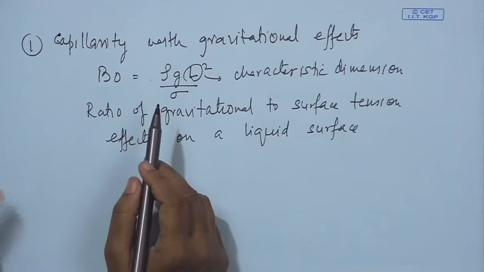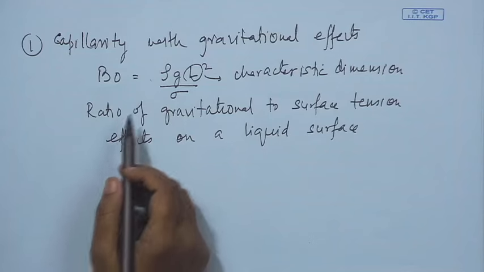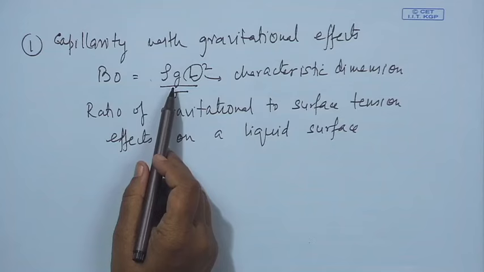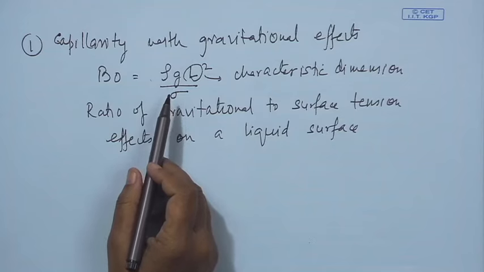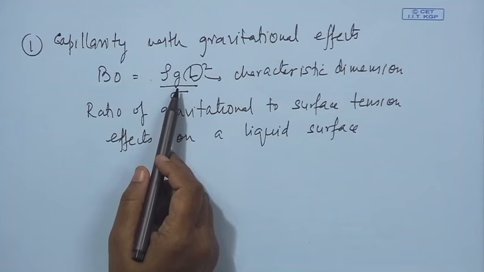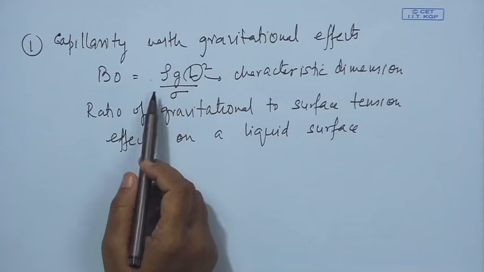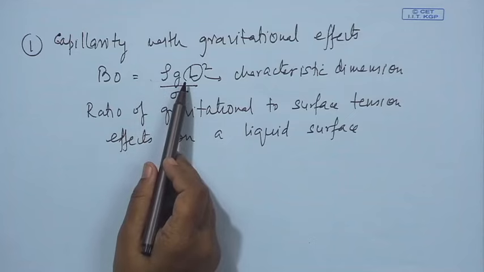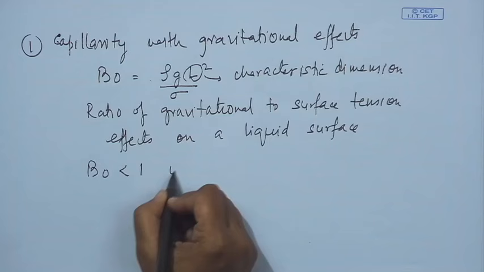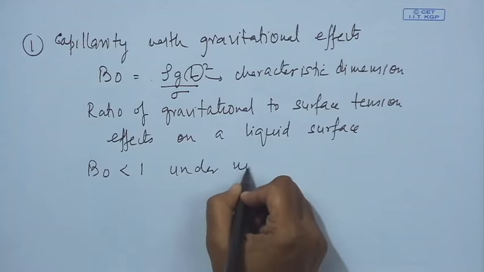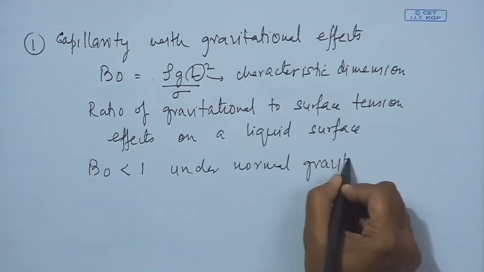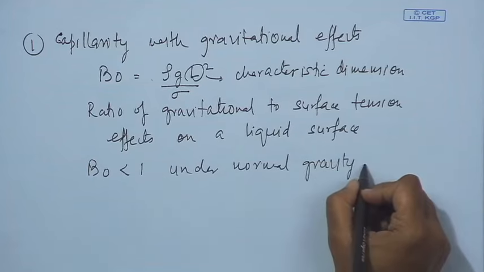So, low or small Bond number systems can be achieved either under microgravity conditions or by decreasing the channel length, for example, the situation which happens in capillary tubes. So, usually the characteristic length is defined such that under normal gravity conditions Bond number is less than 1. This is the primary group for microchannel flow.